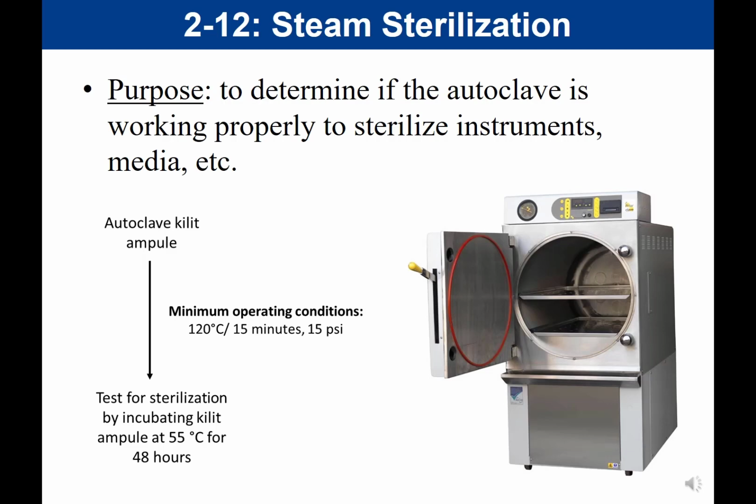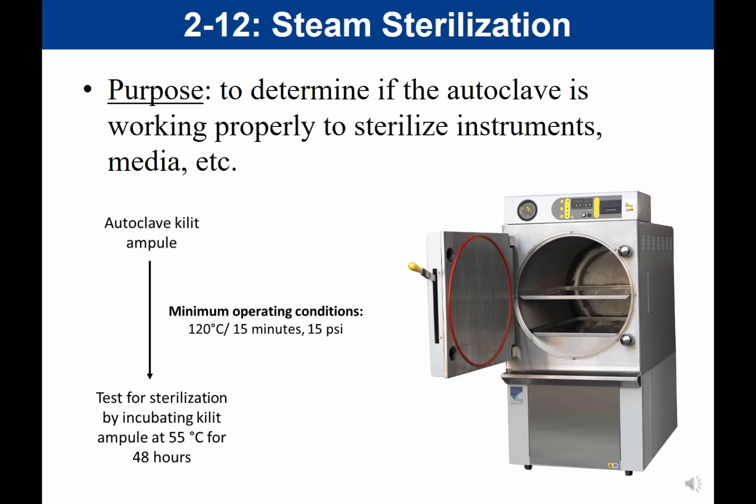So endospores, though, are very heat resistant, right? They're very heat resistant, and therefore we can conclude that if the autoclave is able to kill endospores, it's able to destroy endospores, which are the most resistant to heat. If it's able to kill endospores, we can conclude that all other types of organisms should have died during that process as well, because again, endospores would be the most resistant.